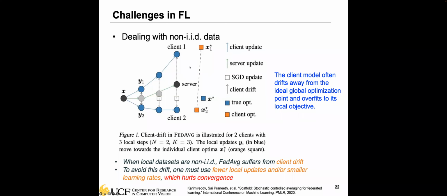So eventually, the client model often drifts away from the ideal global optimization point. This creates difficulty for convergence: you need many federated learning communication rounds for your model to converge because of the client drift.